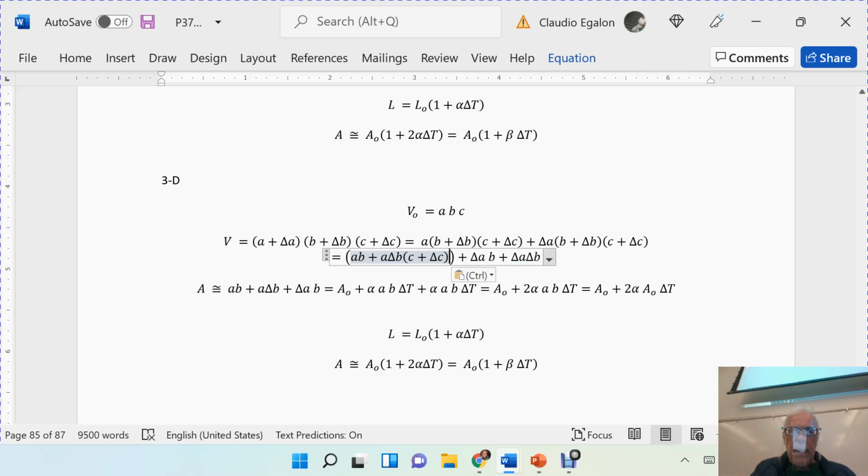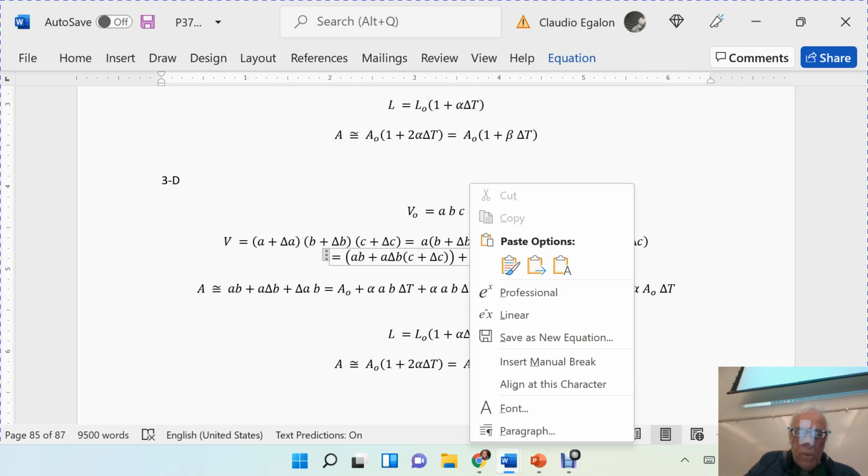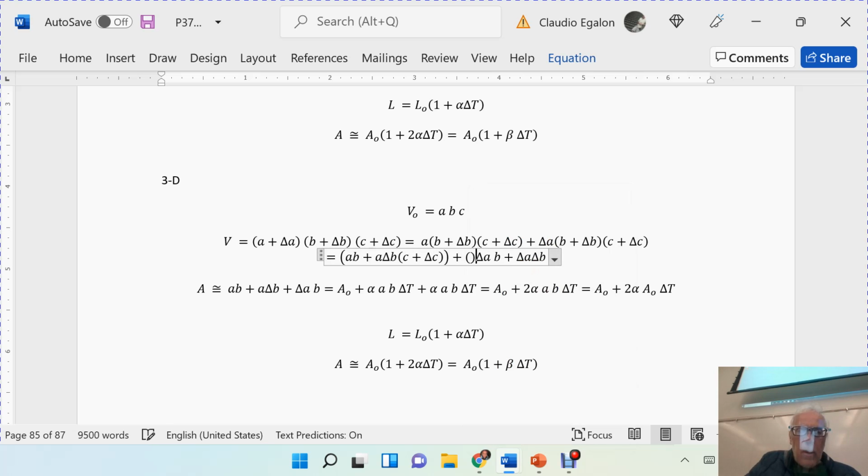And then we have, let's see, delta A. No, we keep it, distribute C plus delta C. Here you go, like that. I made a mistake here.